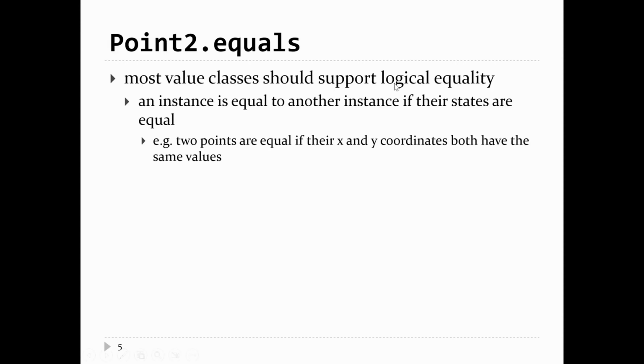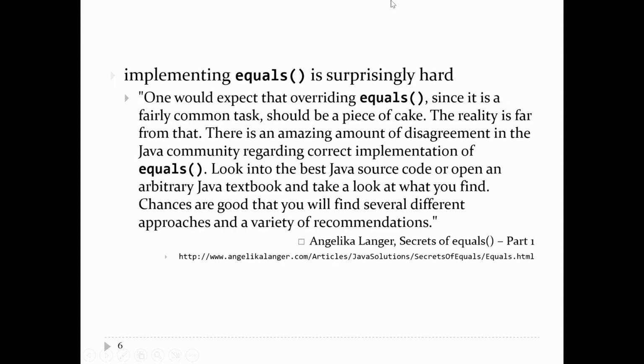Here we want logical equality: do two points have the same coordinates? They don't necessarily have to refer to the same object. In other words, an instance is equal to another instance if their states are equal. It turns out that in the early days of Java, this was surprisingly hard to do.